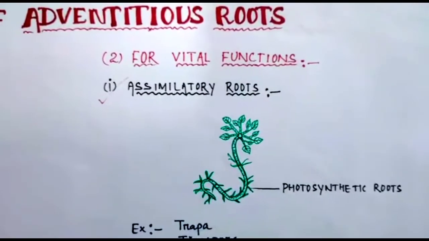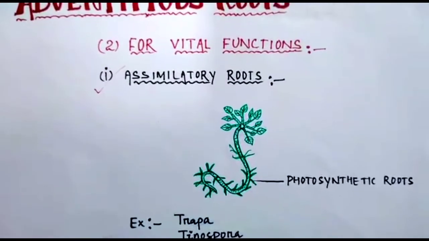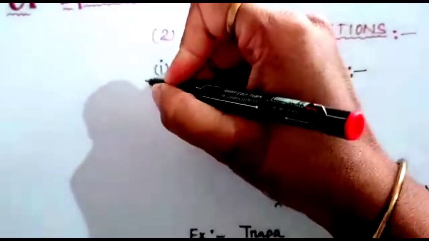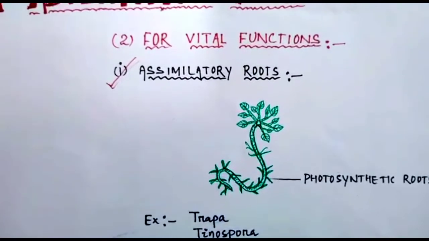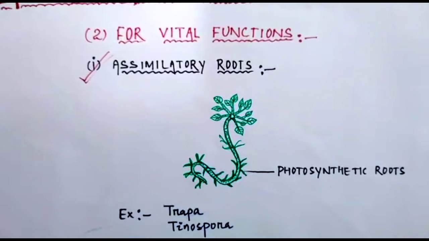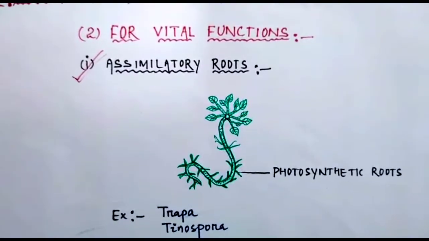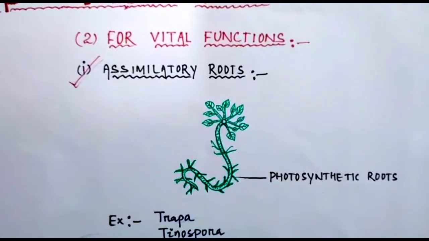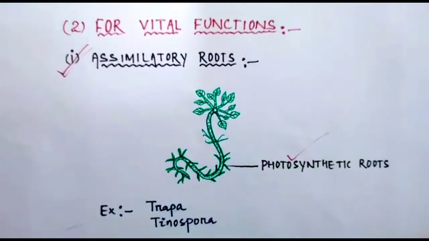There are different types of adventitious roots which perform some vital functions. First is the assimilatory roots. What is assimilatory roots? Adventitious roots of certain plants are green, they contain chlorophyll and carry out photosynthesis. These roots are known as photosynthetic roots or assimilatory roots.